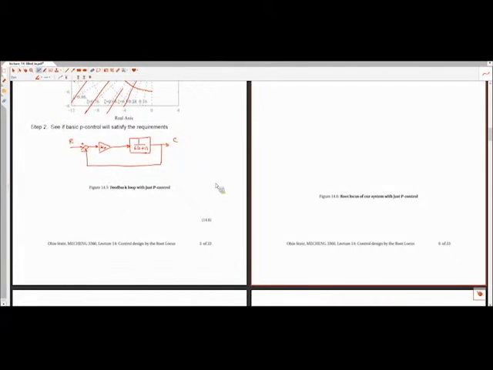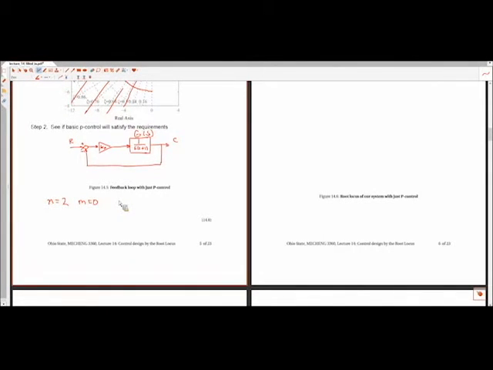So with our system here, we have an open loop system. This is G of s. We have 2 poles, 0 zeros.